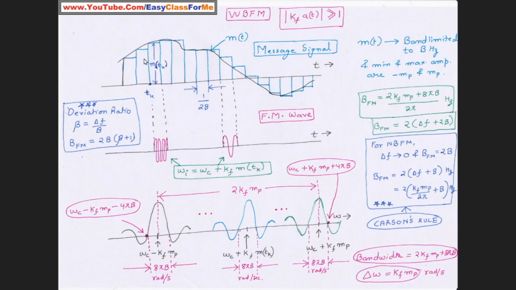So let us talk about this staircase approximation for which this frequency modulated signal is already drawn here. If you look at this particular cell, this sinusoidal signal which has high frequency here, and if you try to plot its spectrum, it will definitely be a sinc function. Why will it be a sinc function? Why will it not be a spike function?